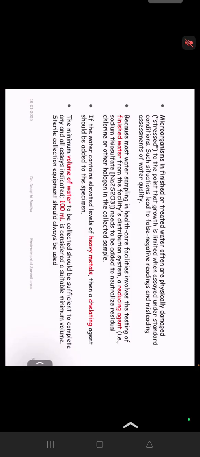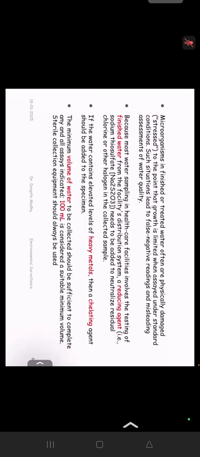So whenever you are taking treated water for culture, use a neutralizing agent, or as we call it here, reducing agent like sodium thiosulfate, to neutralize residual chlorine, so that if at all bacteria is present in that sample, we can bring it out during culture.